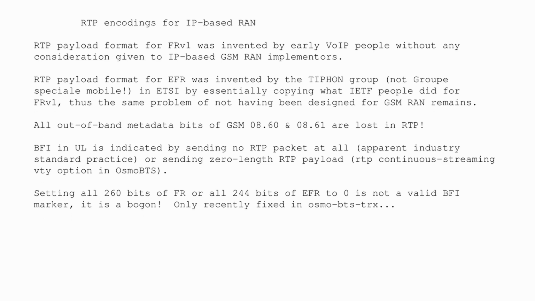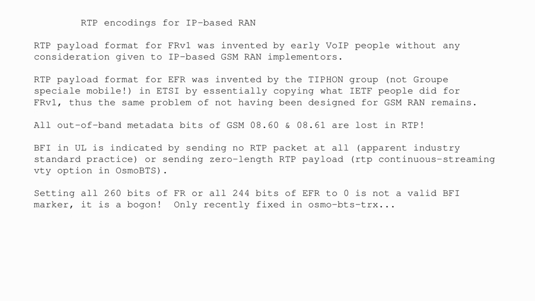All the work for the RTP payload format standardizing for the FR1 codec was done, I think, in the late 90s at that time. So we're talking a full decade before Osmocom, a full decade before anyone could conceive in their wildest dreams of using free software to implement a GSM network. That may have been even before the ciphers, before A5/1 and etc., were fully published, allowing open source implementations.